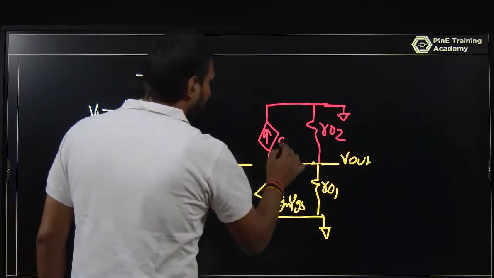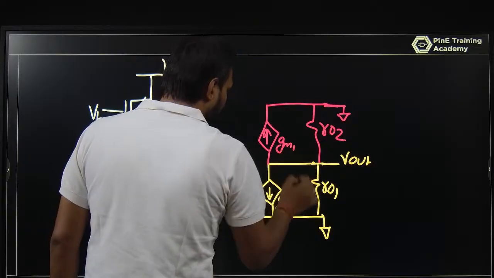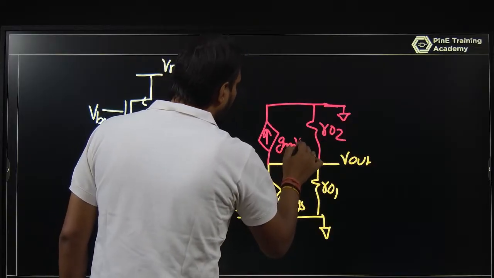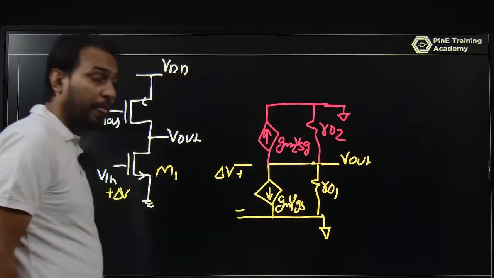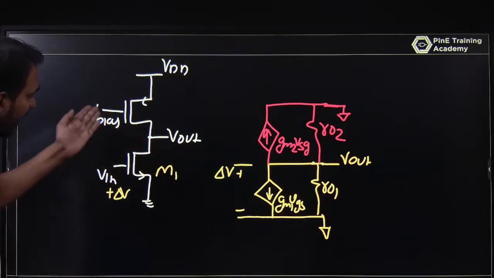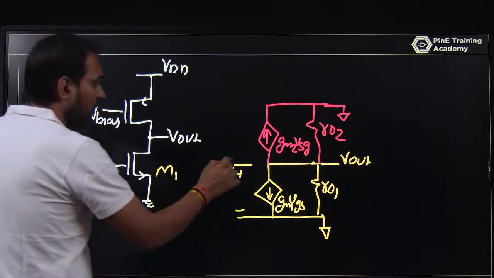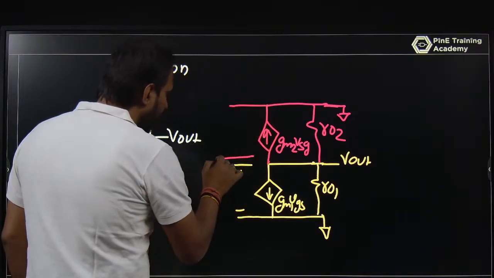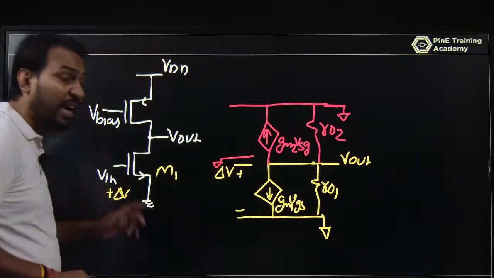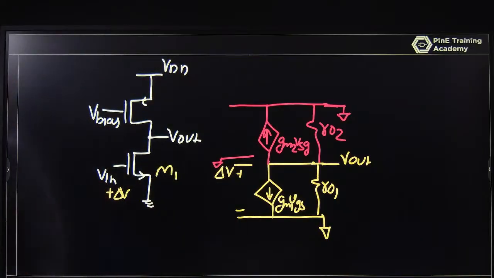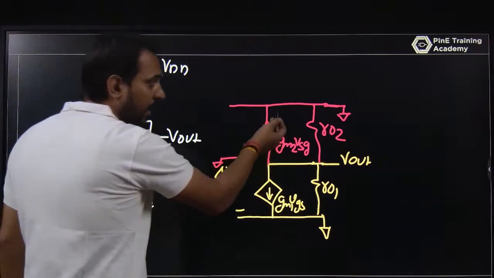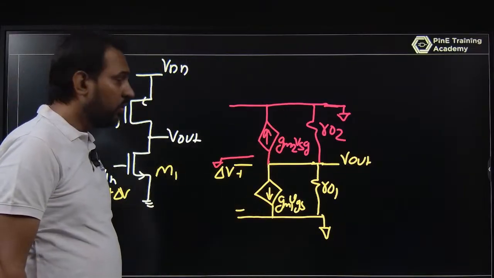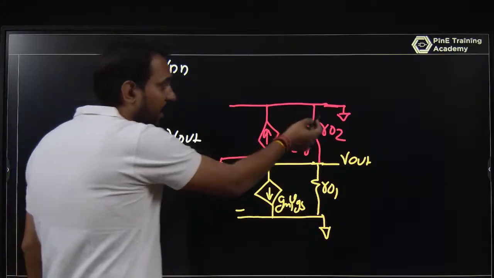And this is gm2 VSG. If you talk about the gate voltage, V bias, what is it with respect to ground? It is grounded, because V bias is a DC voltage. So what is VSG? The source is grounded, the gate is grounded, VSG is 0, so gm VSG is open. So you can replace this MOSFET with R02 only.